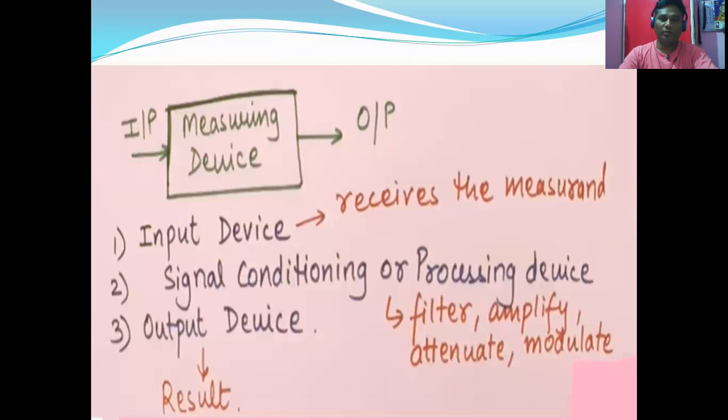So the input device receives the measurement. Measurement means giving the input of a physical quantity. For the second component, the signal conditioning and processing device, let us consider the filter, amplifier, modulator, then antenna.